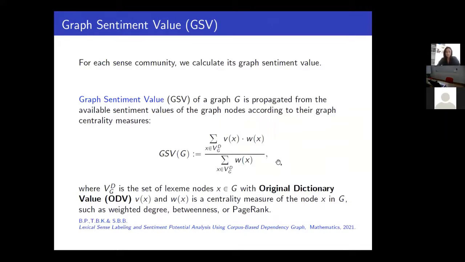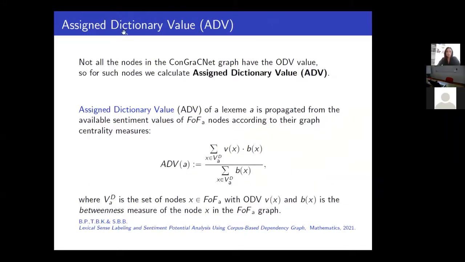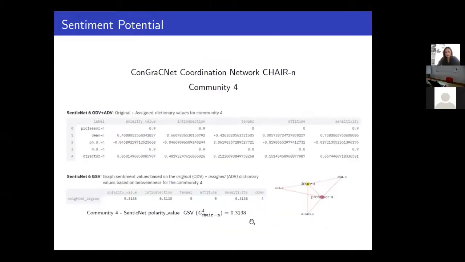But the problem with this calculation is that not all nodes in the graph have a sentiment value. So what we do first is fill in the sentiment values for all the nodes in the congruency graph and calculate by that formula that Ben has already shown.